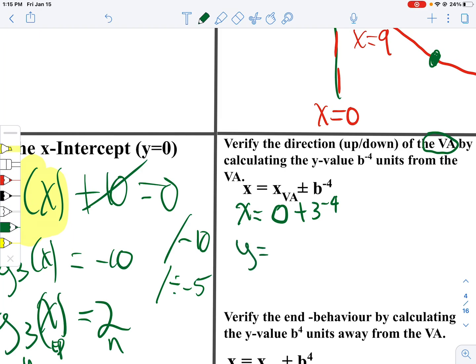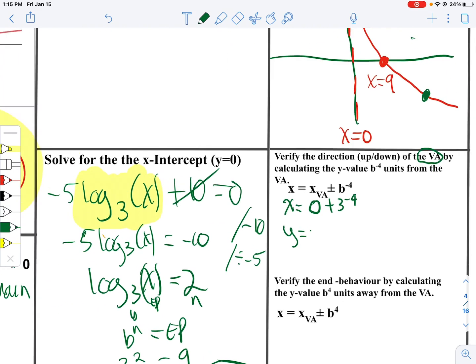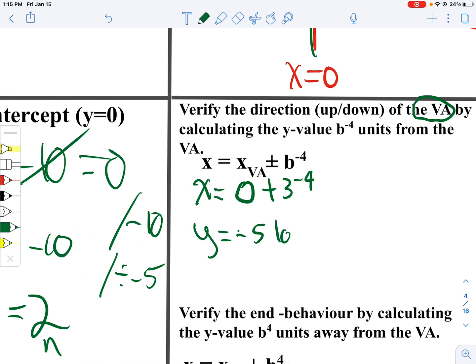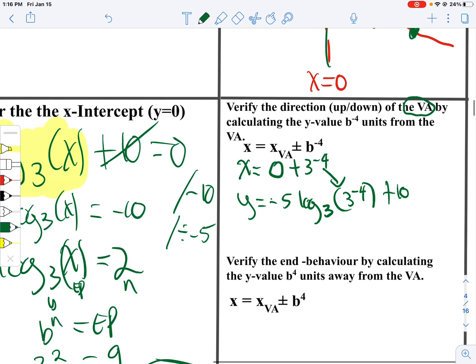So we know our equation is -5 log of x base 3 plus 10. Well, what is this? This is going to be 3 to the -4.